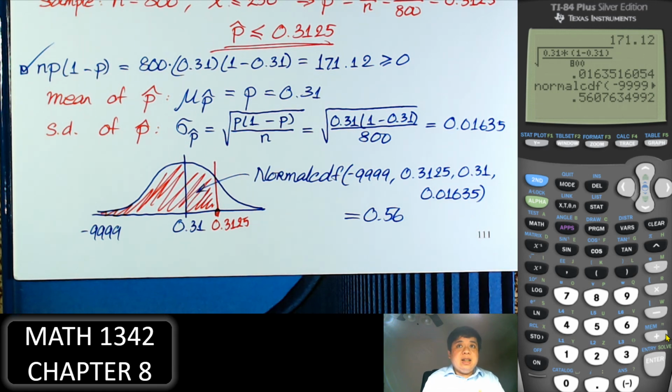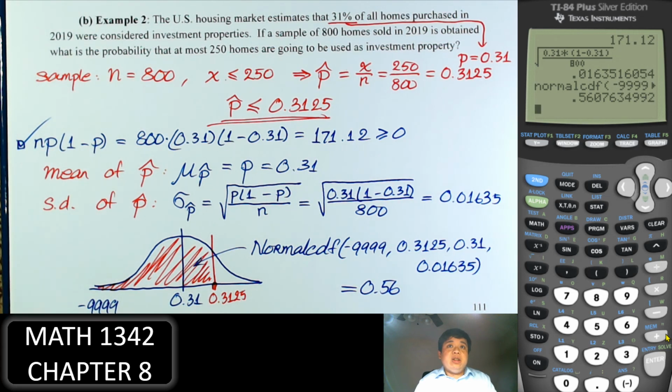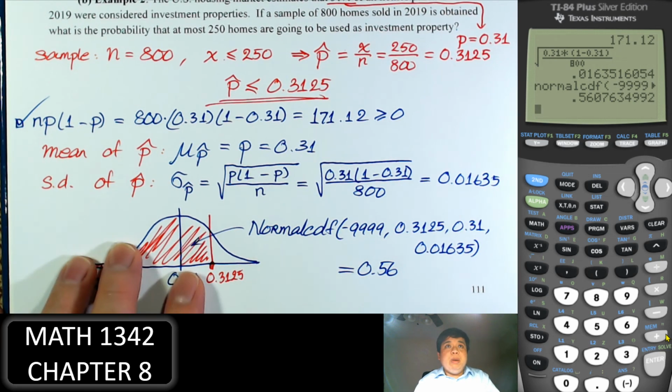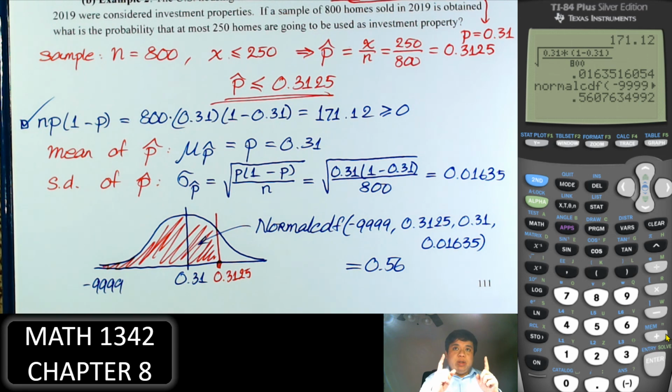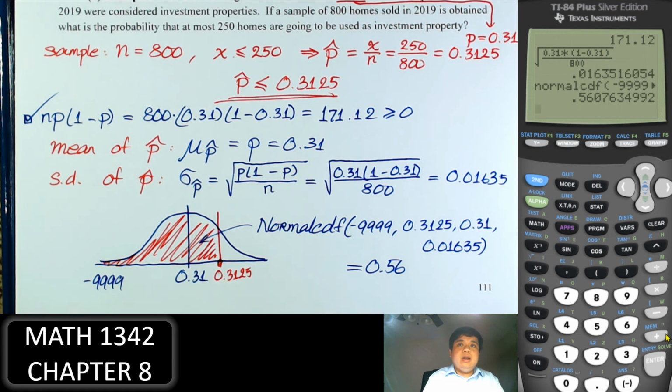And after that, it is approximately normal, so we calculate the mean and the standard deviation. With that, to find the probability, we just need to know the boundaries, the left and the right end, so we can find area. Pretty much like what we have in the previous section, we calculate the mean and the standard deviation. After that, just a normal CDF to find area.